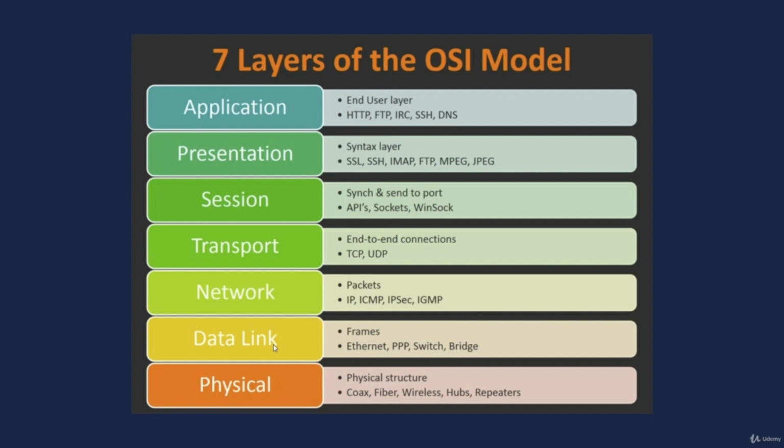and Ethernet frames. We then move on to the most interesting layer, which is your network layer. And that's where we start dealing with packets, right? So the means of transmission here is now changed to packets, and you have your protocols like IP, the internet protocol. You then have ICMP, you have IPsec, and IGMP, right?